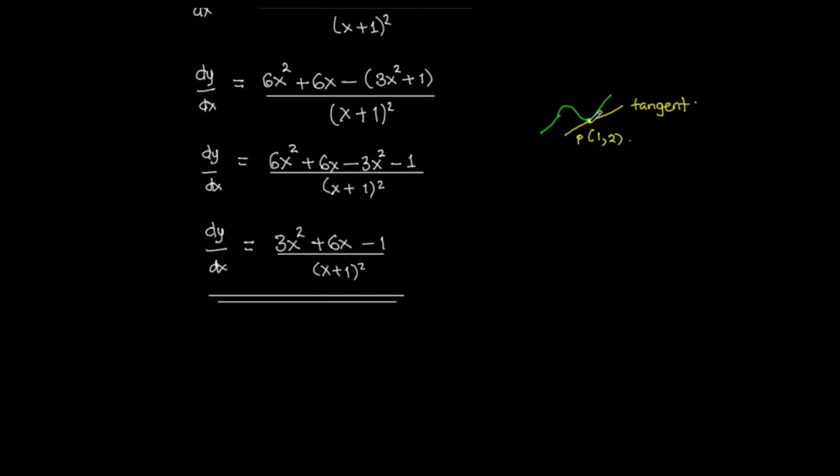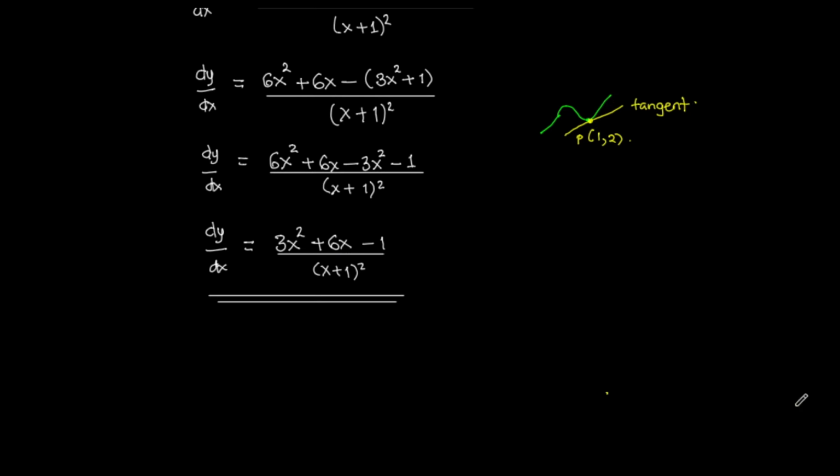So at this point the gradient of the curve is equal to the gradient of the tangent. So substituting this value into this gradient function will get for us the gradient of the tangent.